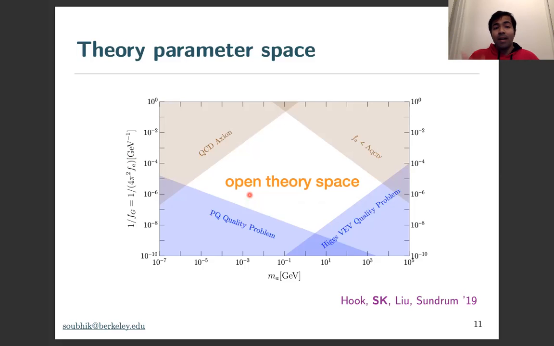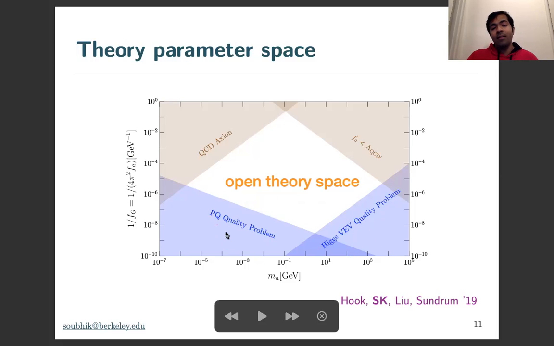axion potential. But in principle, if the f_a is large enough, you can again have a quality problem, or you can also have a quality problem from the Z2 breaking through the mirror Higgs mass. Also, in these parts of the parameter space, here, for example, the axion EFT typically breaks down, and also here the axion is typically even lighter than the QCD axion, so our mechanism cannot populate this part of the parameter space.